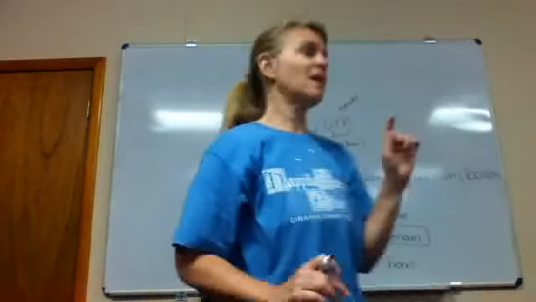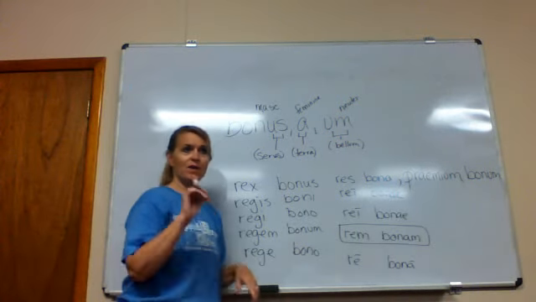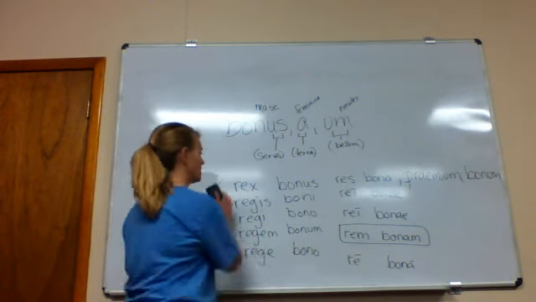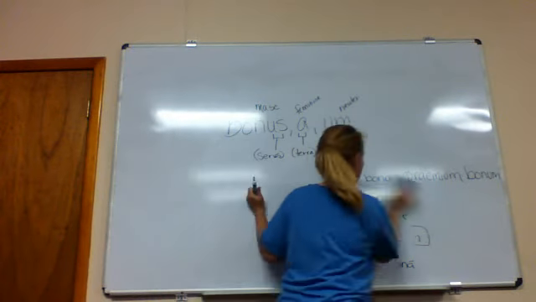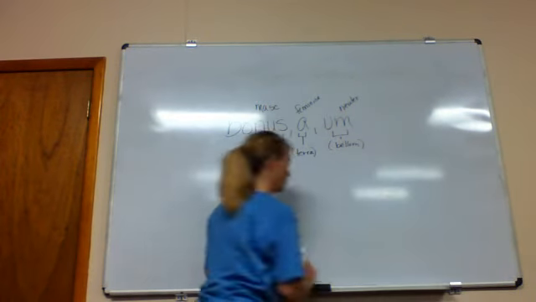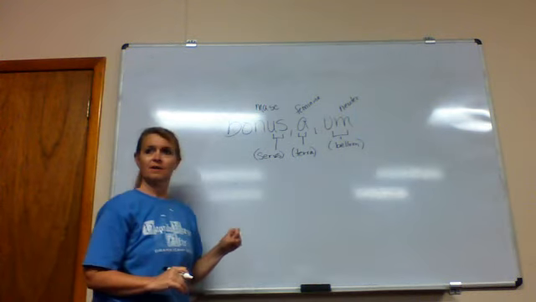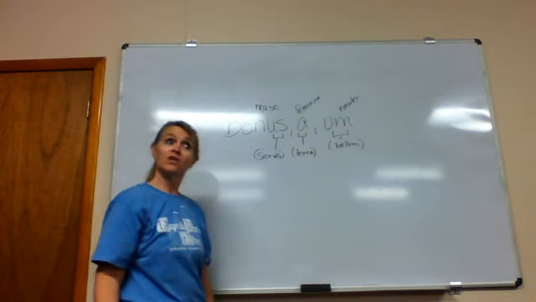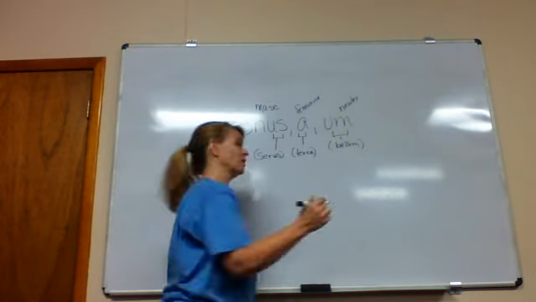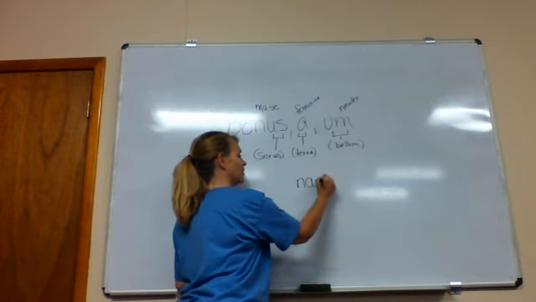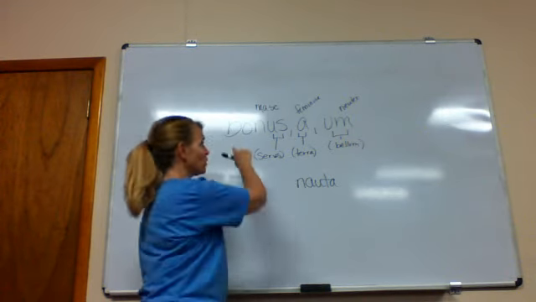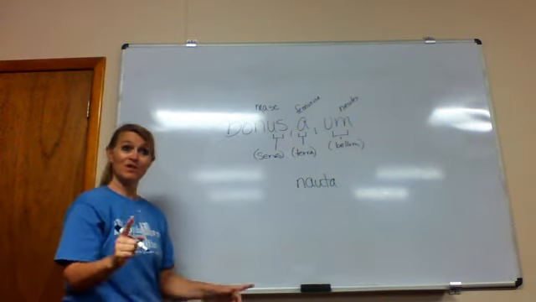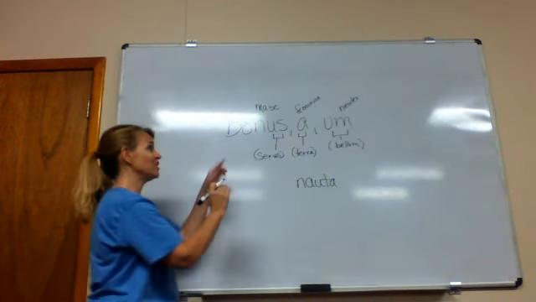Okay, now, Daviana said something about sailor, and I want to talk about that a little bit. That's sort of an unusual case, so I'm going to erase these and talk about that one. So what's the word for sailor? Nauta, nautae. What declension? First. But what gender? Okay, so we put this down, nauta, we're going to do good. So which one of these are we going to use? Bonus, right? Because they have to agree in number, case, and gender.